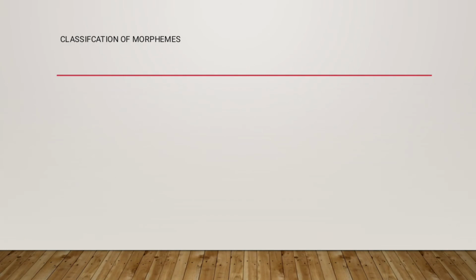We shall look at the classifications of morphemes, that is, the types of morphemes. There are two types of morphemes. We have the free morpheme and the bound morpheme.